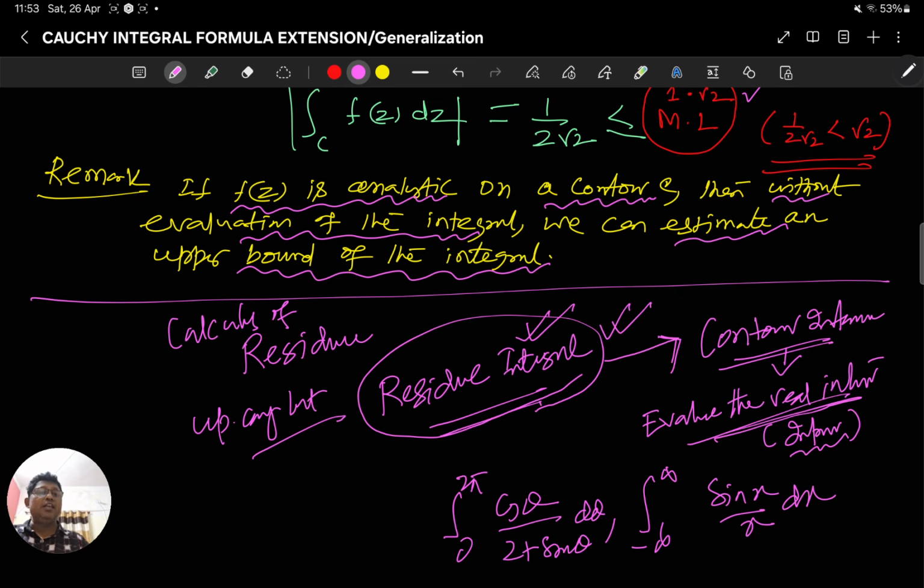So this is again an important aspect of complex analysis, right? This residue integral can also be used to evaluate the integrals we did by means of the Cauchy integral formula and Cauchy integral theorem, etc. Again, the residue integral offers another perspective to evaluate real integrals, right?